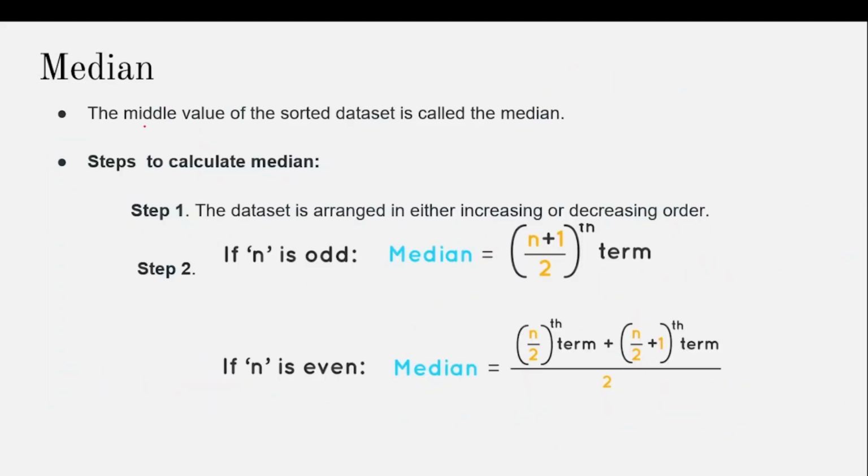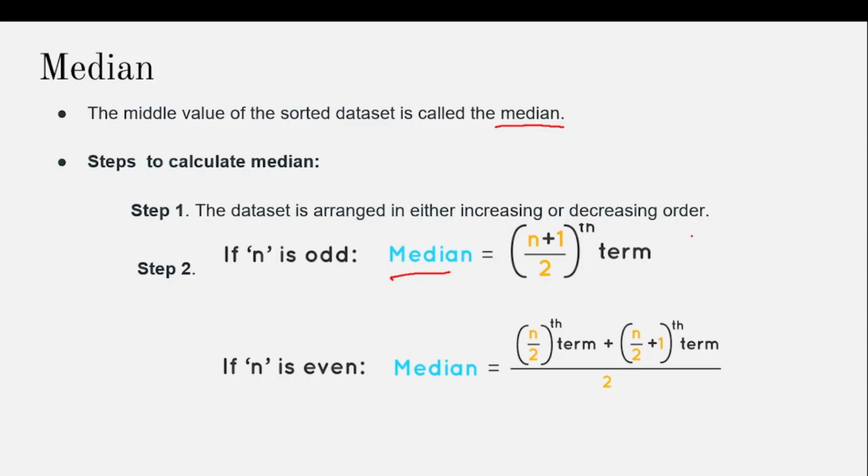Now let us study median. The middle value of a sorted data set is called the median. Calculating the median is again very simple. Firstly, we need to sort our data set in either ascending or descending order. In a data set with an odd number of observations, we term the middle value the median.